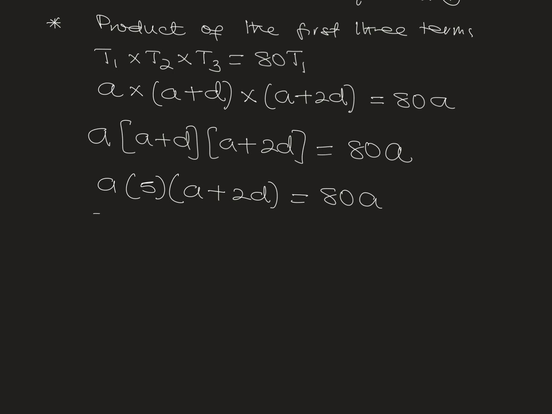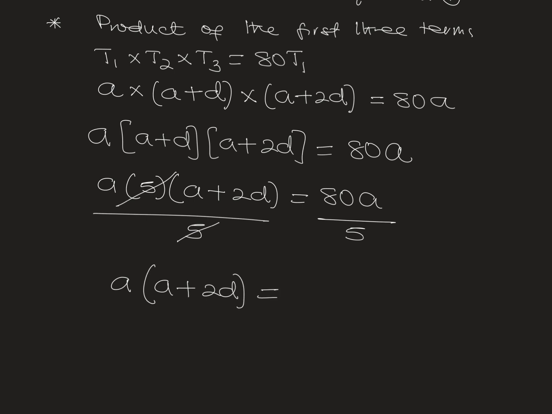First, let me divide both sides by 5 and see what I'm going to have. This 5 will cancel this 5. So that will be A into A plus 2D is equal to 80 divided by 5, which is 16. So that will be 16A.